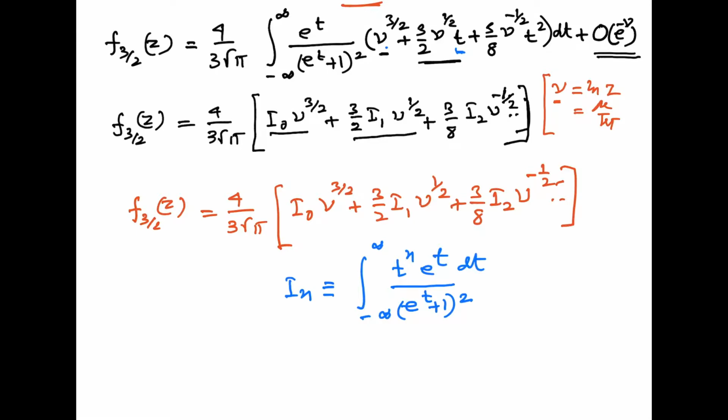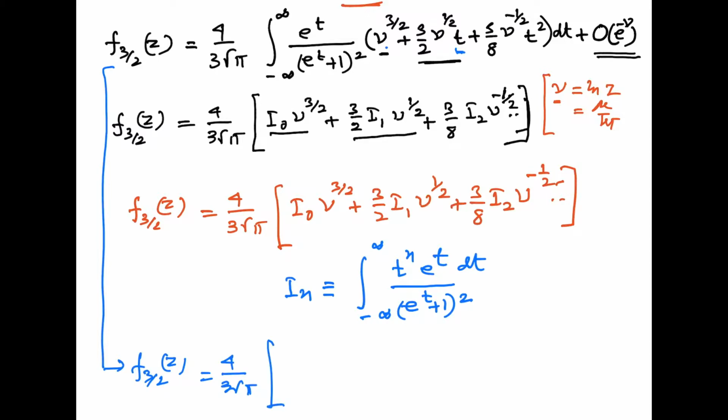So if you expand this, suppose we take f 3 by 2 of z, we write 4 by 3 root pi outside.